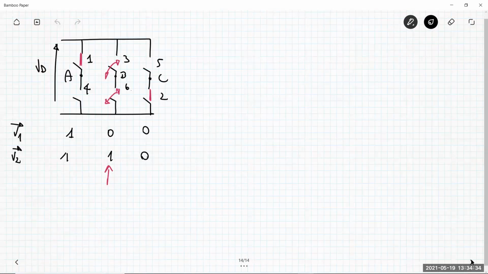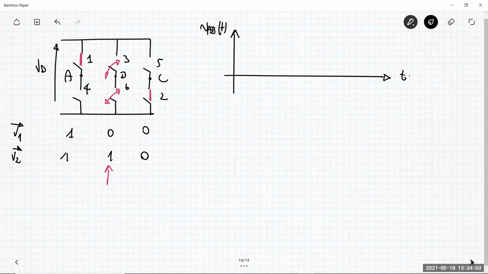Let me just consider a plot of the line voltages VAB, VBC, VCA for the two space vectors V1 and V2. V1 means that you have this switch combination, so VAB is VD.